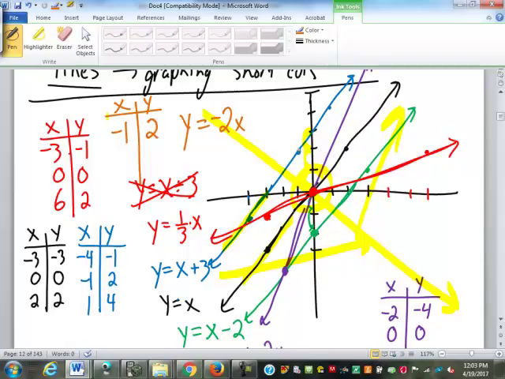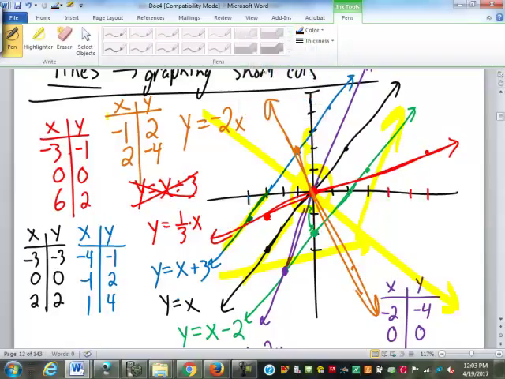Positive 2, right? There we go. So we got negative 1, positive 2. If x is positive 2, y has to be negative 4. Perfect. So we do indeed get that line that goes down as we go across the graph.